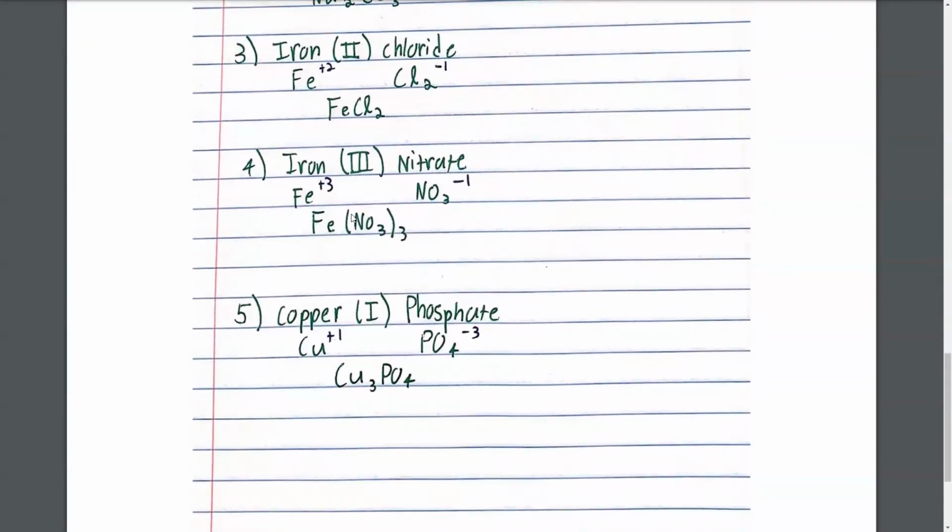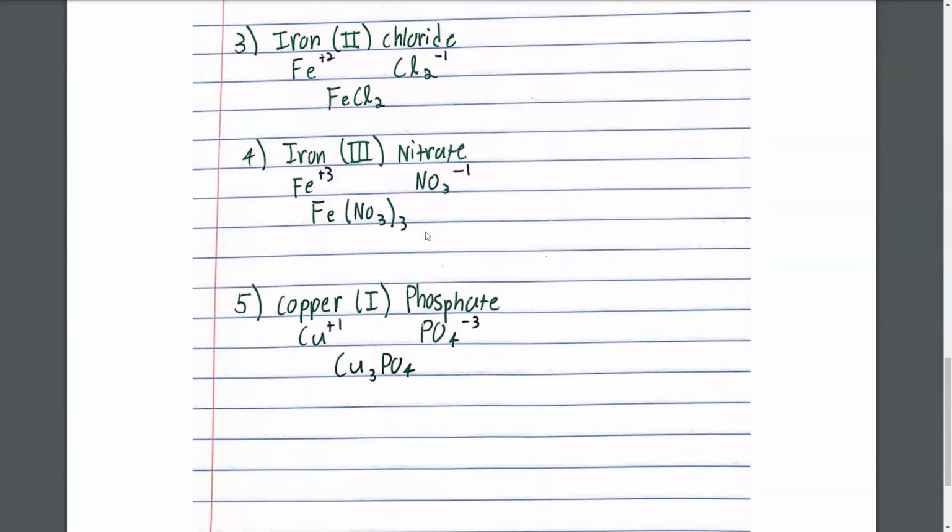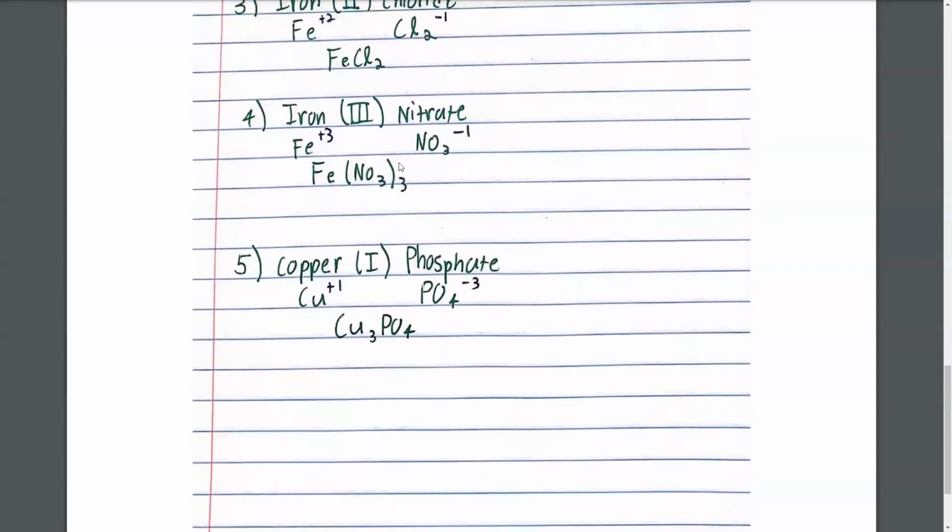For the fourth example, we have iron(III) nitrate. Fe has a 3+ charge; that's what the Roman numeral is telling us. Nitrate comes down and has a -1 charge, so we would need 3 nitrates to balance out the iron. So Fe, parentheses, nitrate, and then 3 on the outside.